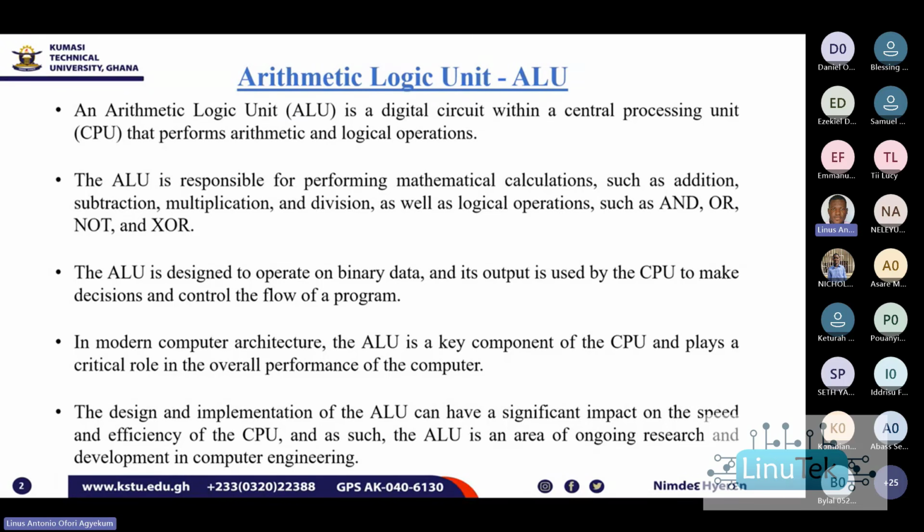Now, the ALU, because of its capability of performing logic operations, accepts inputs in the form of binary. It also produces outputs in the form of what? Binary.